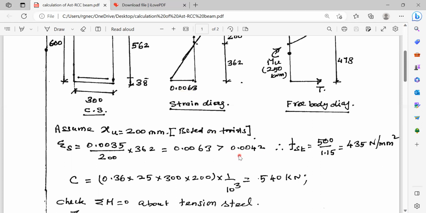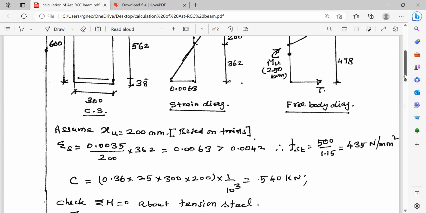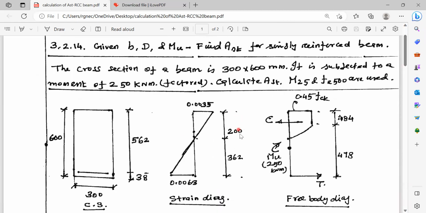So this strain, 0.0063, is very much higher than the minimum value specified for the strain in the reinforcement, 0.0042, which is equal to 0.87 fy divided by Young's modulus plus 0.002. So we have not exceeded the limit while assuming the depth of the neutral axis.